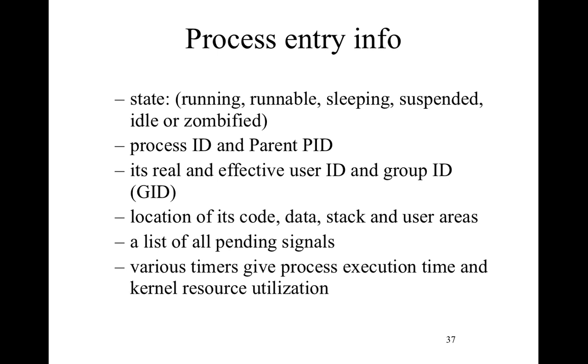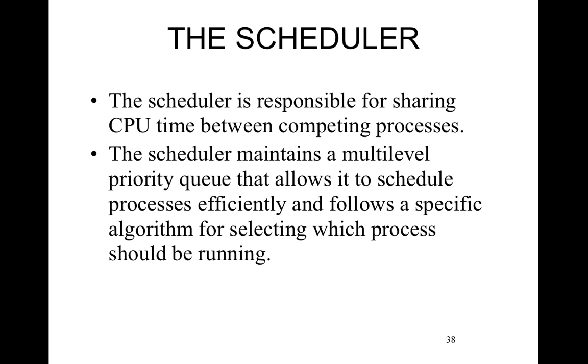If the owner of the process is in a high priority group, then the process gets more CPU time and more allocated time because it's a higher priority. It's a priority system, so it depends on your group ID. If you just have one group ID, then there's no priority going on there. Also location, its code, its memory address, all of its pending signals that are separated out per process, various different times, process execution time, kernel resource allocation, utilization, stuff like that.